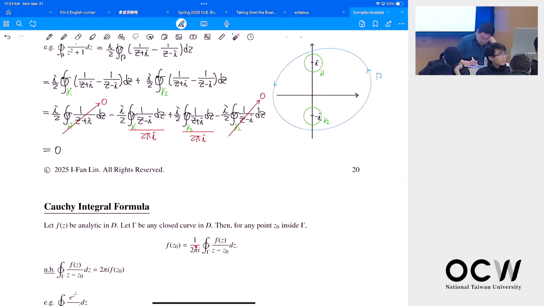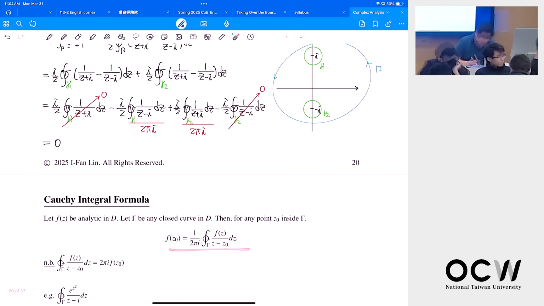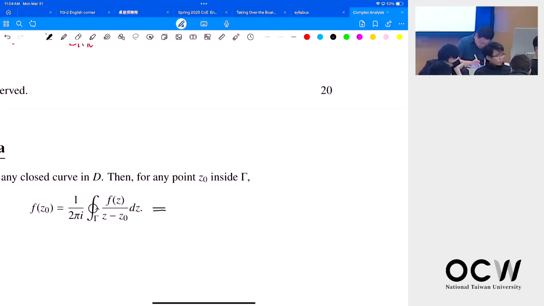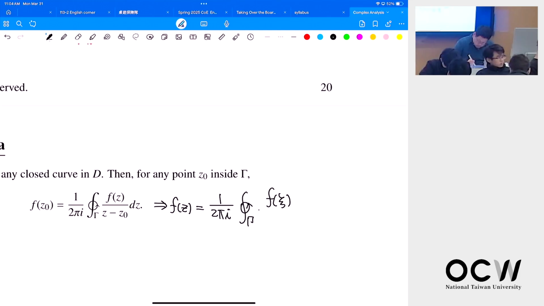If you take the 2 pi i to the left hand side, then here is another formula you can see. You can also rewrite it to get your function f of z is 1 over 2 pi i times the integral of f of zeta divided by zeta minus z, d zeta.